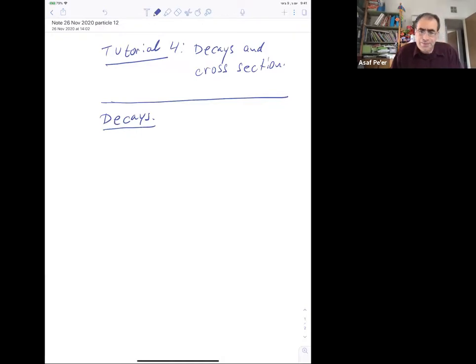As we said, when we speak about free particles, the wave function of a free particle is psi of x^mu, proportional to e to the minus i p_mu x^mu.